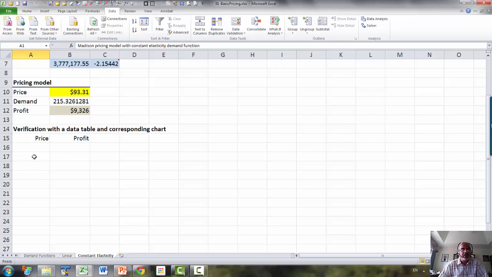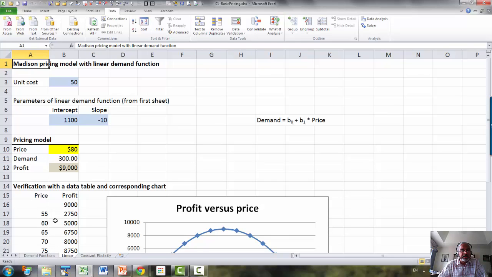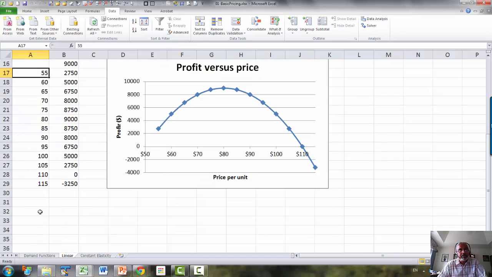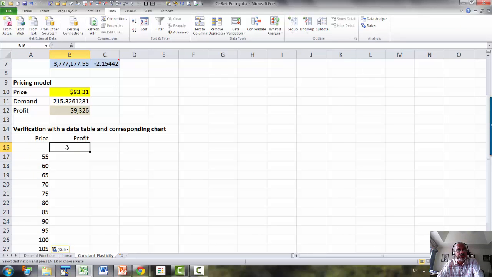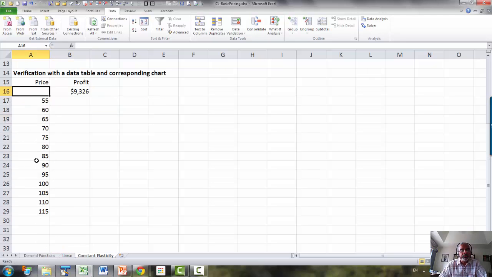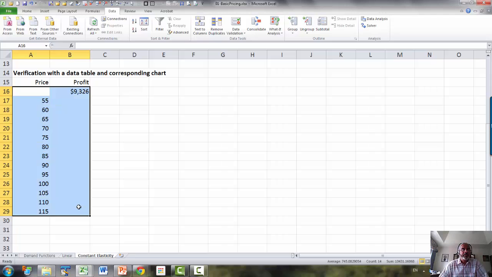Let's plot this again. So let's go back to the linear case, and we'll copy these prices. Need to leave the first row empty because we need to specify the profit there. So now we'll run data table.